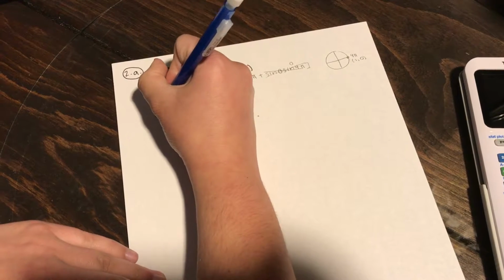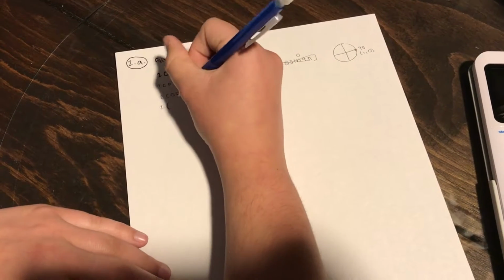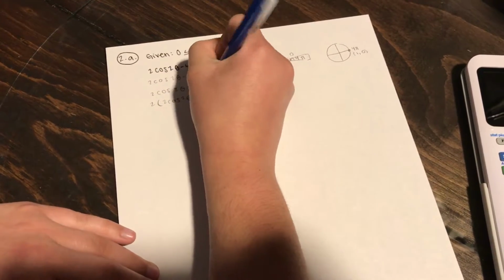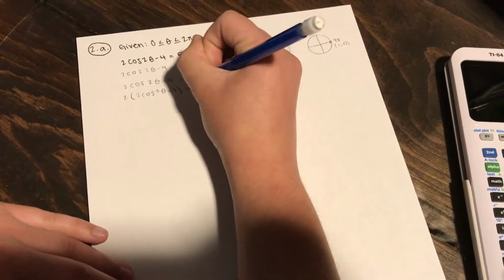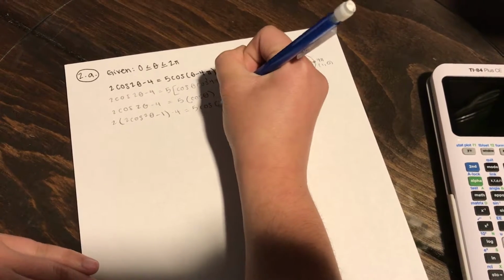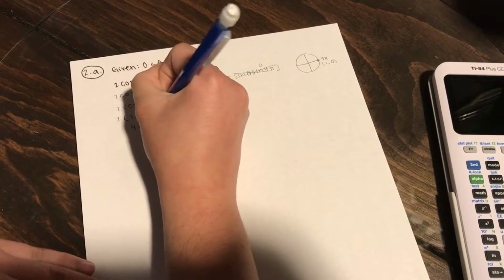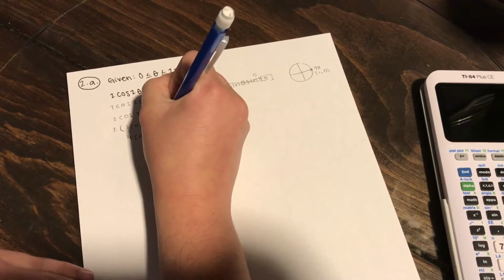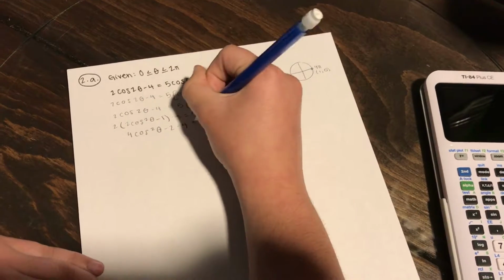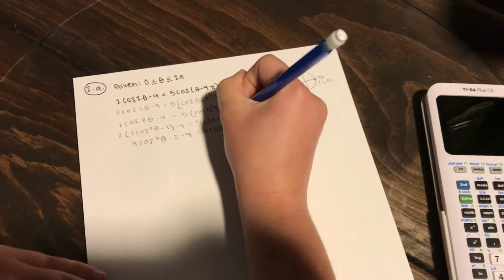So we can rewrite as 2 times 2 cosine squared theta minus 1, and don't forget the minus 4, equals 5 cosine. Distribute, and we get 4 cosine squared theta minus 2 minus 4 equals 5 cosine theta.